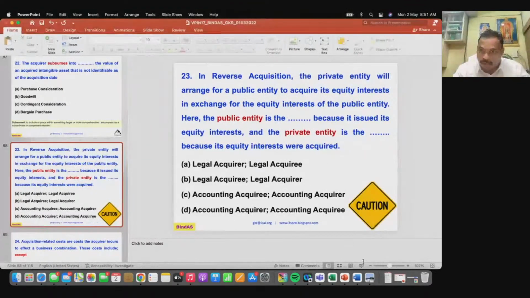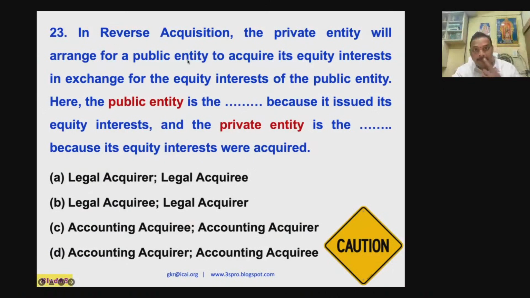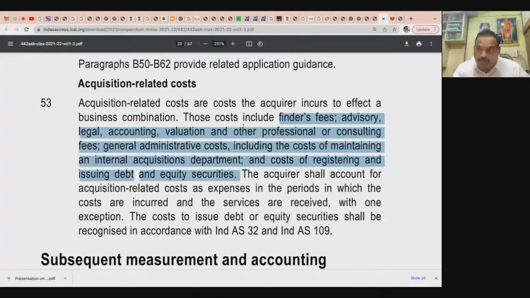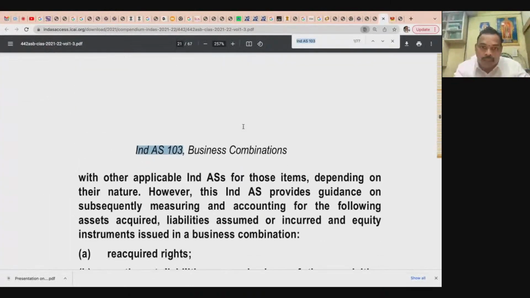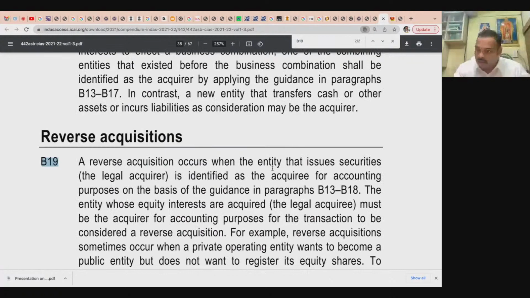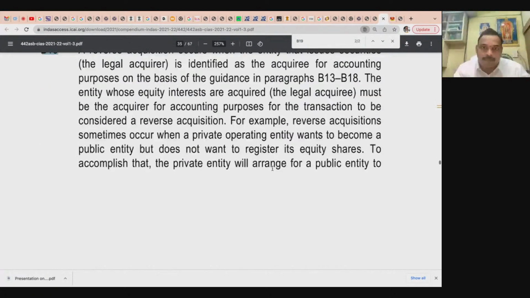Look at this. In reverse acquisition, the private entity will arrange for a public entity. So I'll take you to paragraphs B19 to B23.